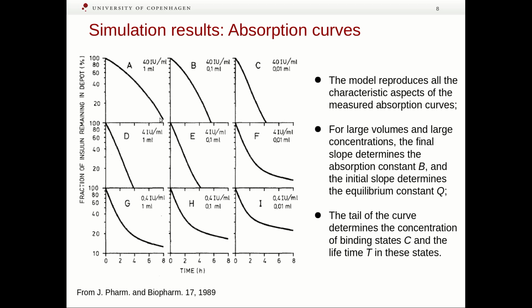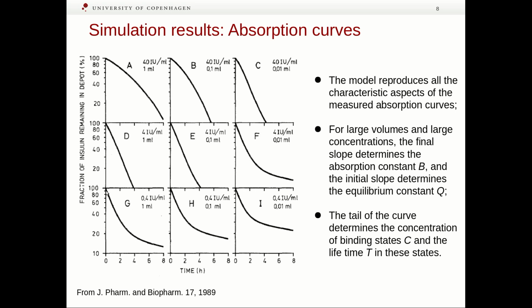This is the dimeric absorption rate that is given by the slope here. The hexameric is not absorbed, so it's the fraction of insulin which is back on dimeric form that determines this curve here. And the fraction of insulin which is still there on dimeric form at high concentration determines the equilibrium constant between hexameric and dimeric insulin.